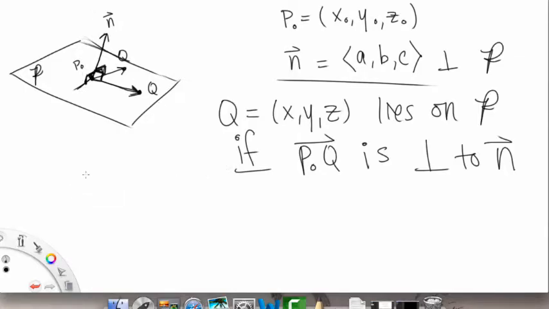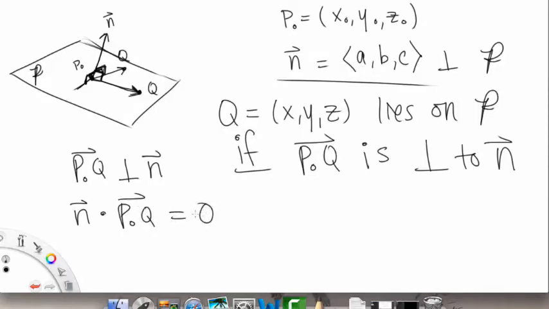Mathematically, if P naught Q is perpendicular to n, then the dot product between the two, n dot P naught Q, must equal 0. We've learned this in the dot product section.